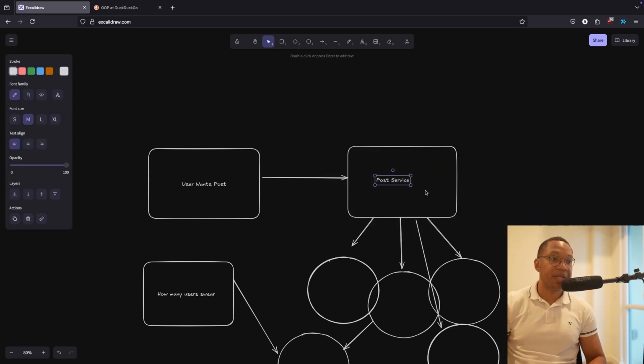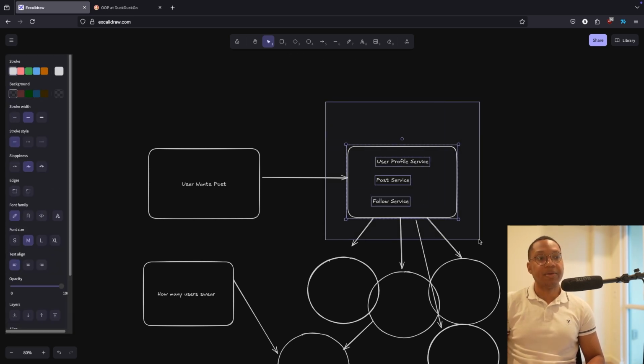The post would be here, and inside you would have some routing logic for user profile updates. And again, we're talking about Twitter here. What other things can tweets do? You'd have a follow feature, but you would just mash them all together in the code base.